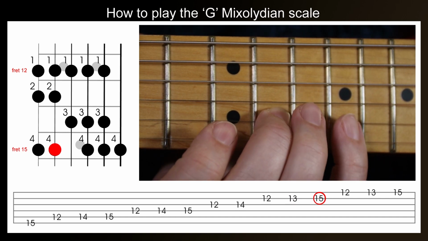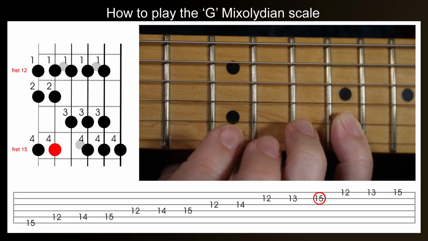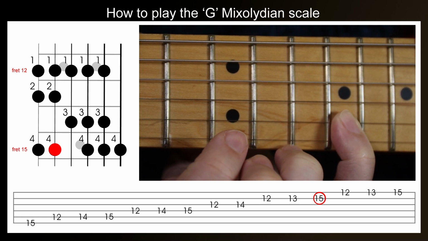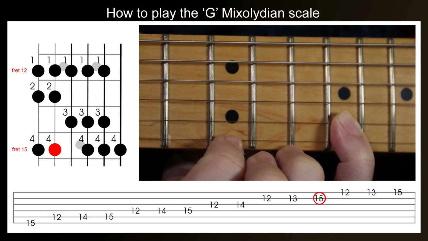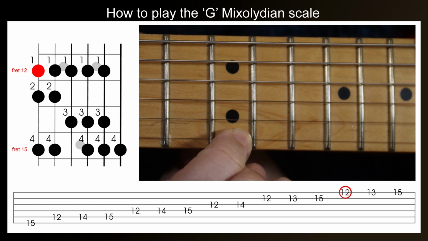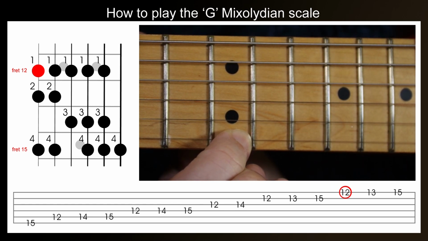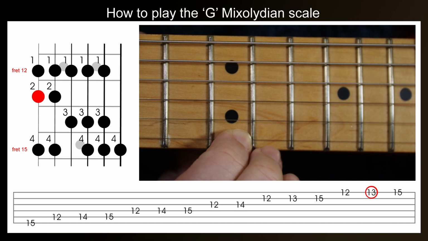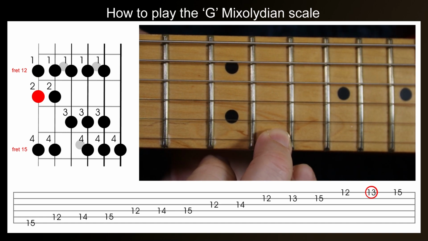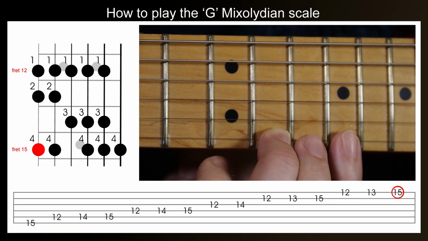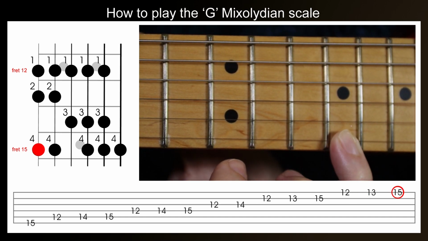Play the 15th fret of the B string with the 4th finger. Play the 12th fret of the top E string with the 1st finger. Play the 13th fret of the top E string with the 2nd finger. Finally, play the 15th fret of the top E string with the 4th finger.